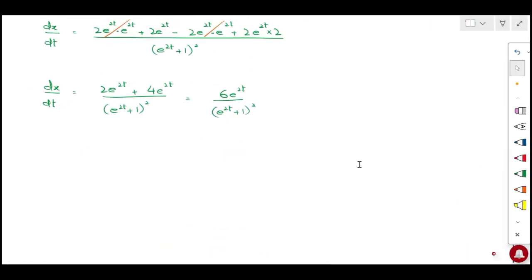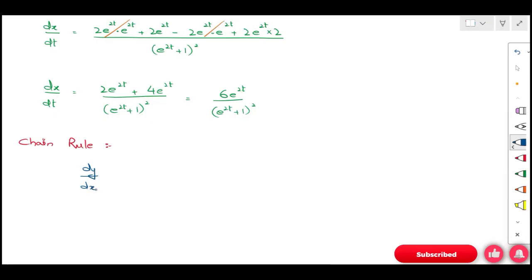Now here we apply the chain rule. So the chain rule is dy/dx is dy/dt into dt/dx.